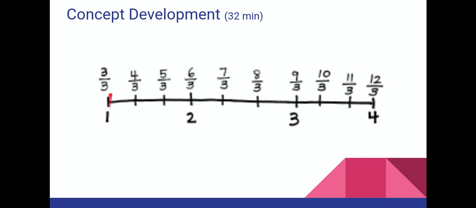Or 1 times 3 equals 3. 2 times 3 equals 6. 3 times 3 equals 9. And 4 times 3 equals 12.